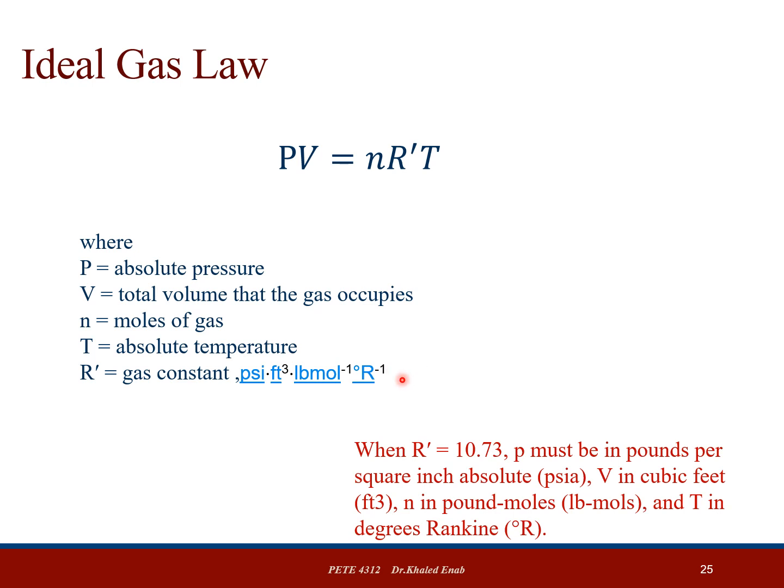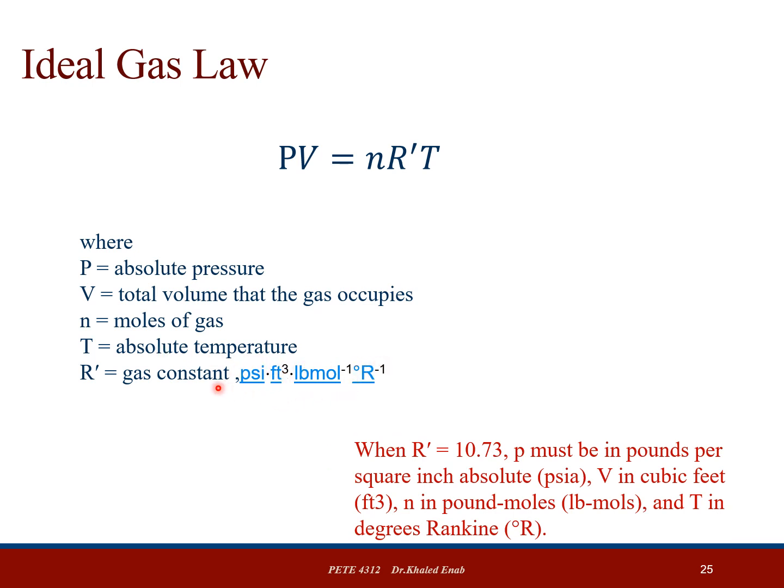In field units, we use 10.73 for the gas constant, and the units are psi for pressure, cubic feet for volume, pound mole for number of moles, and degrees Rankine for absolute temperature. So you always have to consider this.